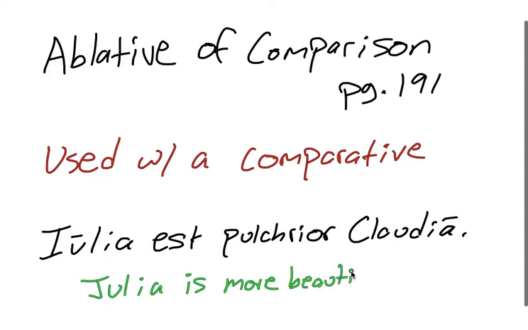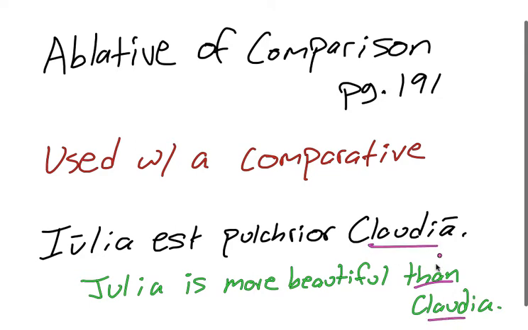I mean, you could say prettier too. Is more beautiful or is prettier than Claudia. Okay, so the than Claudia is our ablative of comparison. So you would translate it with the English word than, T-H-A-N, to indicate a comparison.